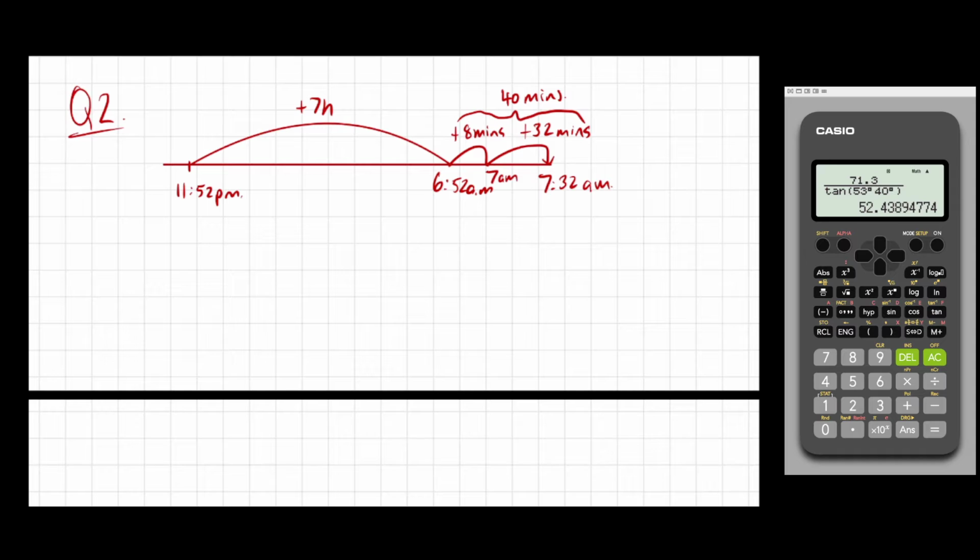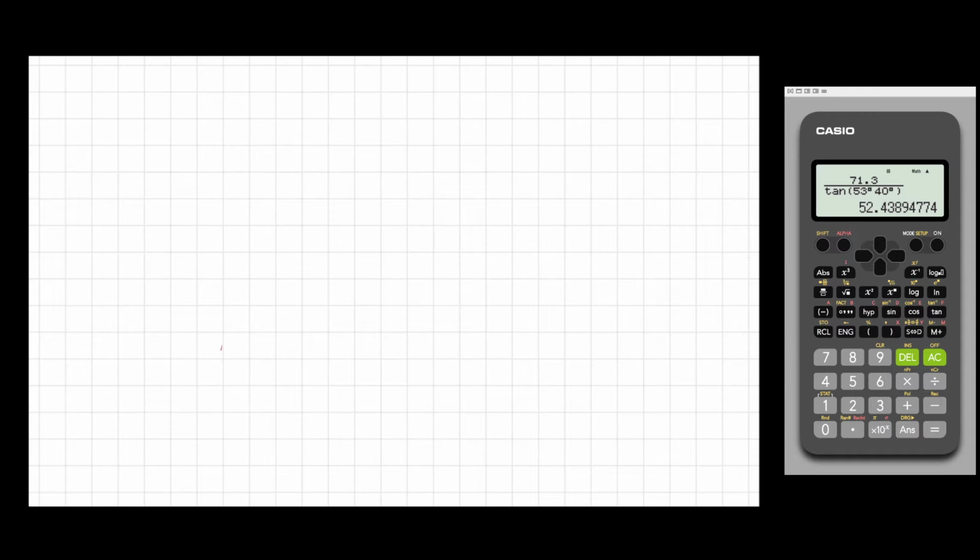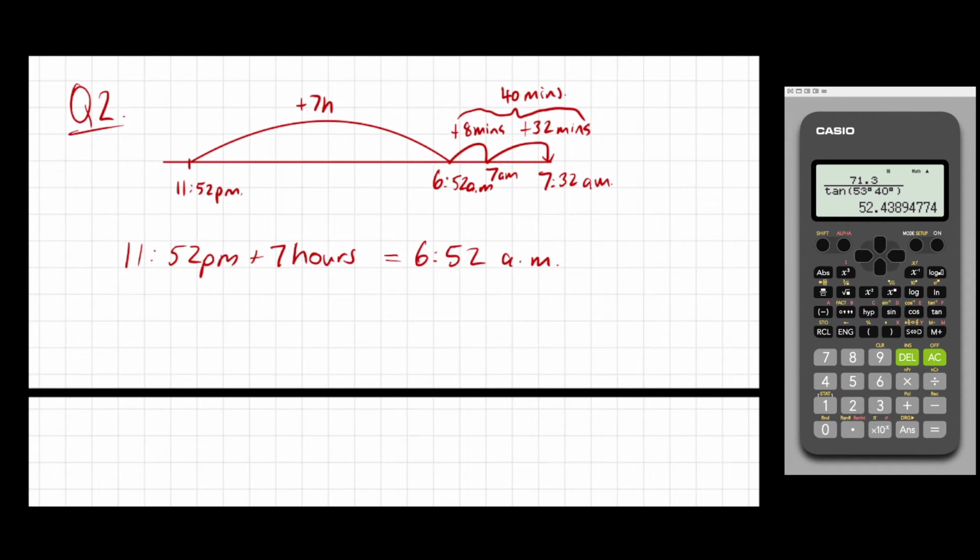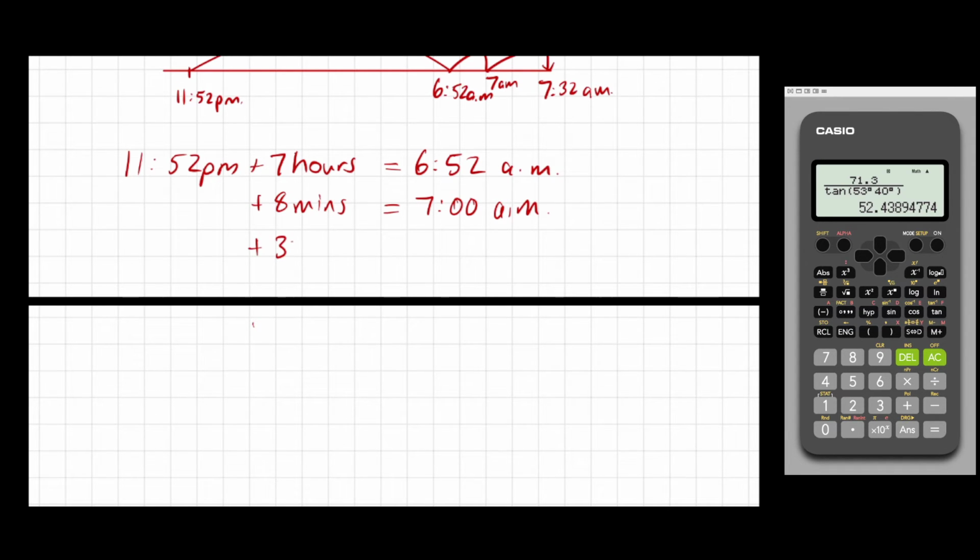So in the answer, 11:52 p.m. plus the 7 hours is going to be equal to 6:52 a.m. Then an additional 8 minutes means it's going to be equal to 7 a.m. And then an additional 32 minutes, because remember, this makes the 40-minute total that we need.